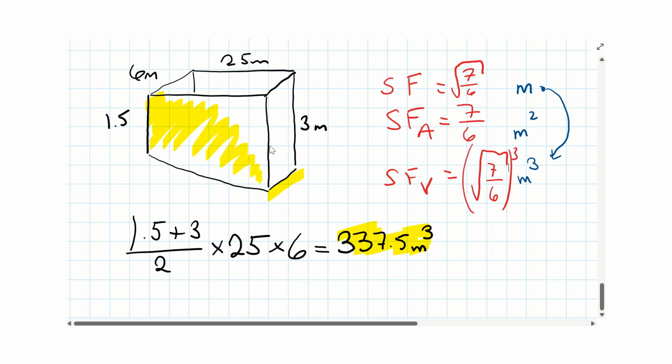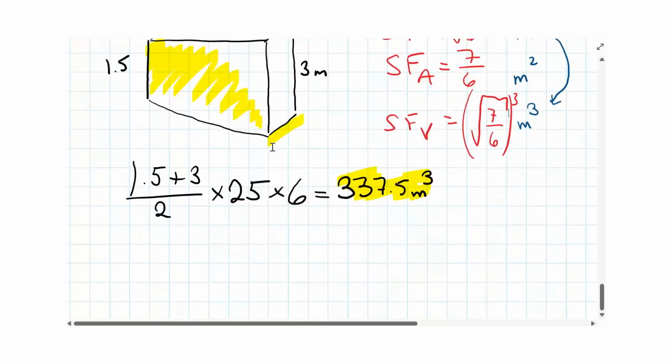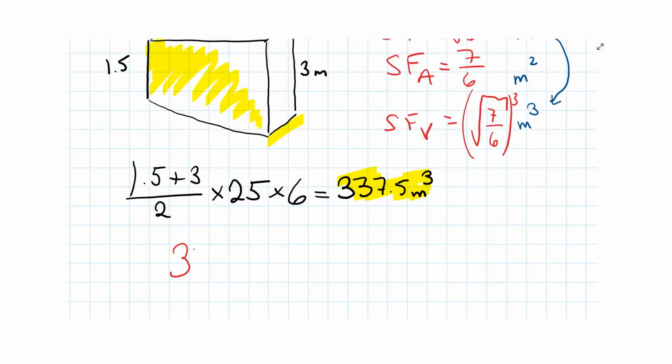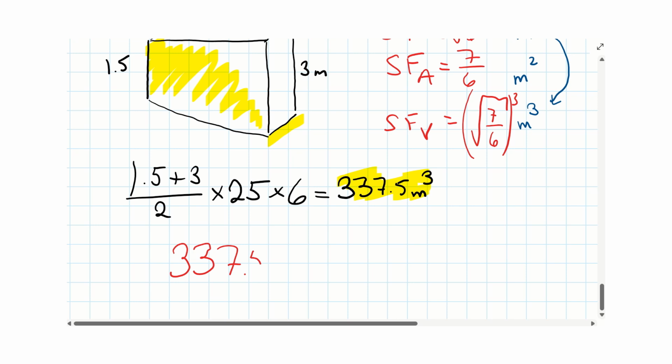If we want to know the volume of our new pool, we're going to take 337.5 meters cubed, like we've got right here, and multiply that by the scale factor we have just figured out.